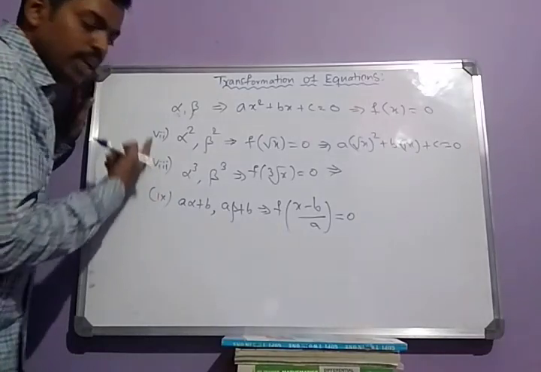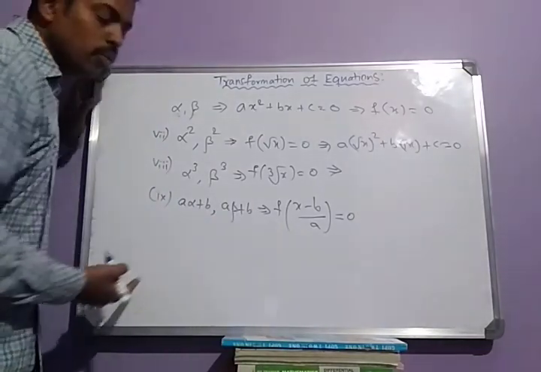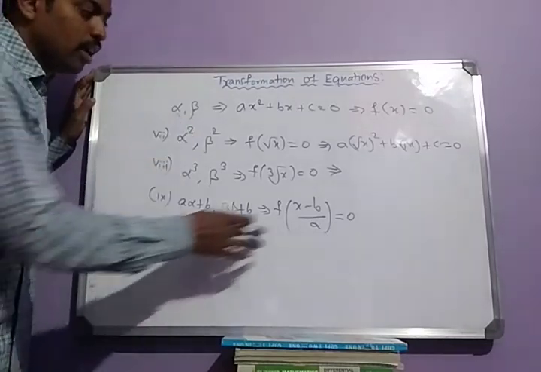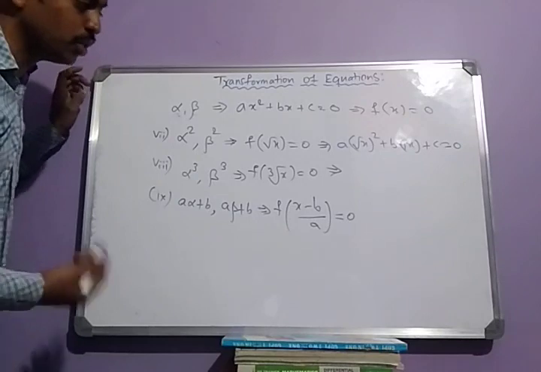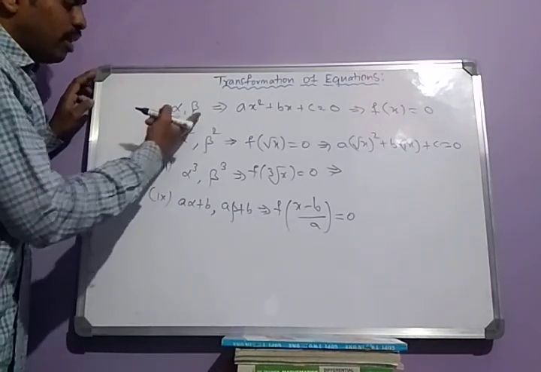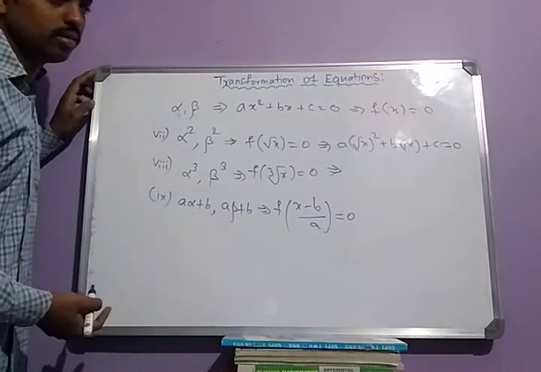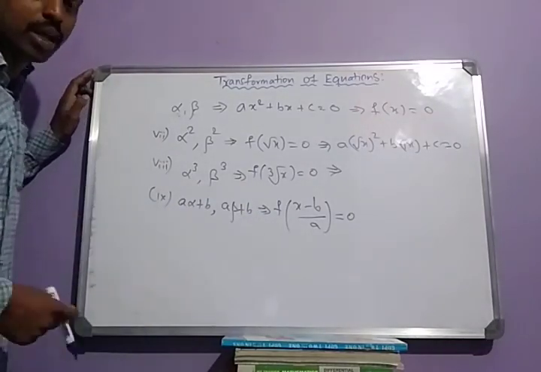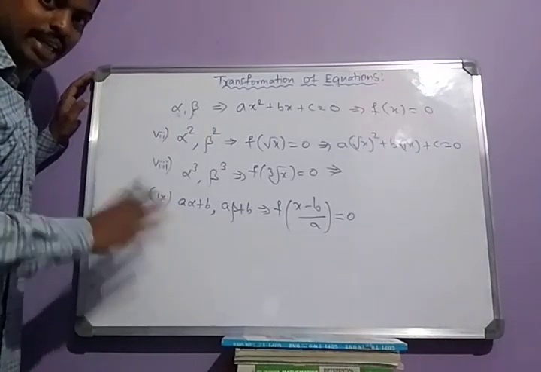See, as we keep on discussing, you might be thinking it's a little difficult to learn by heart. Is there any method of explaining why it is so? Yes, we have it. I will discuss those methods also. So alpha and beta, if it is changed like this, then f of x is equal to 0 is changed like this. The equations are transformed. Now let us see proofs of just 2 or 3. That is enough.